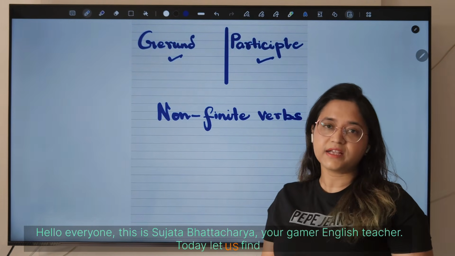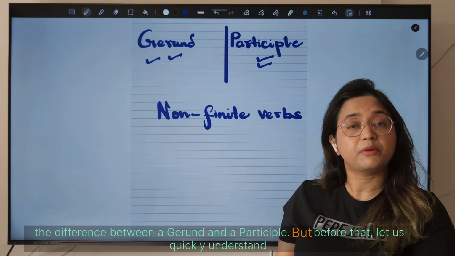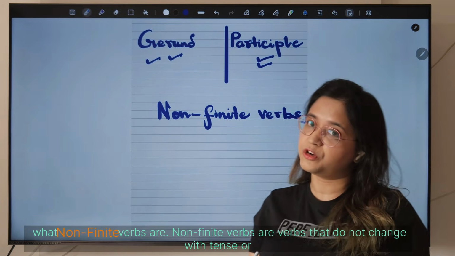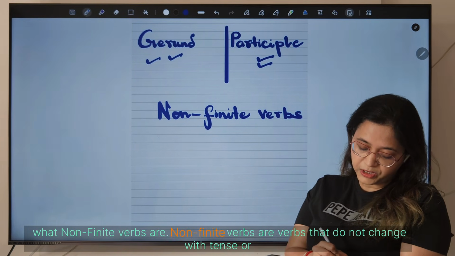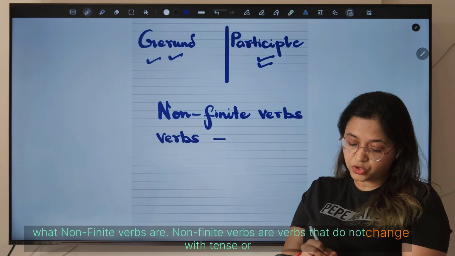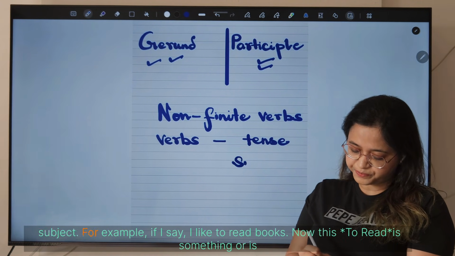Today, let us find the difference between a gerund and a participle. But before that, let us quickly understand what non-finite verbs are. Non-finite verbs are verbs that do not change with tense or subject.